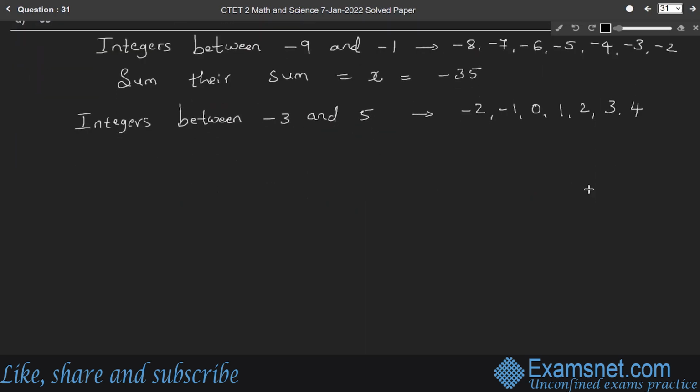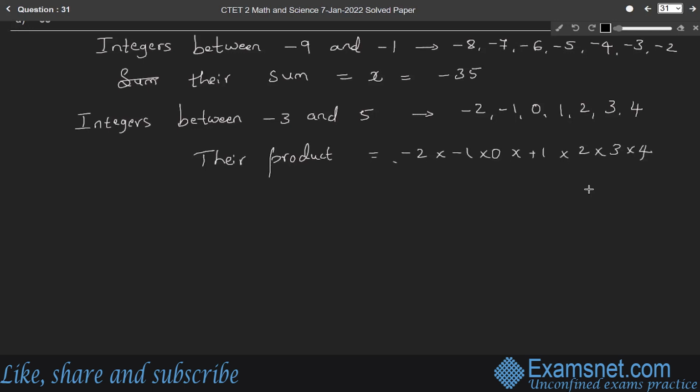According to the question, we need their product. Here, the product is equal to -2 into -1 into 0 into 1 into 2 into 3 into 4.